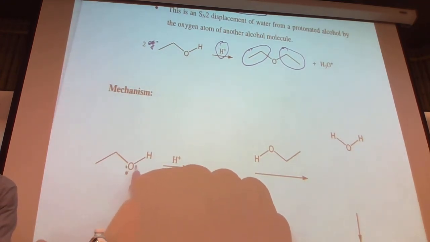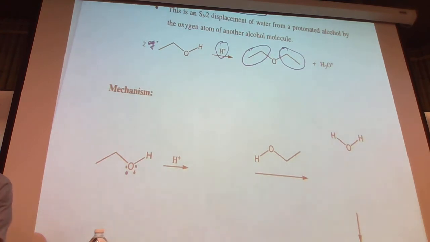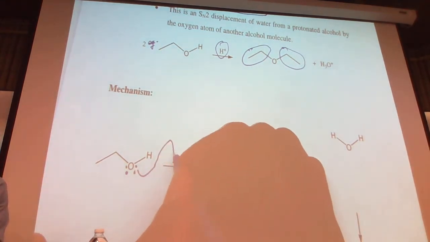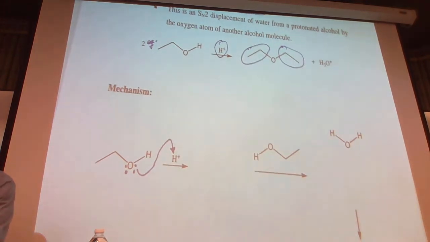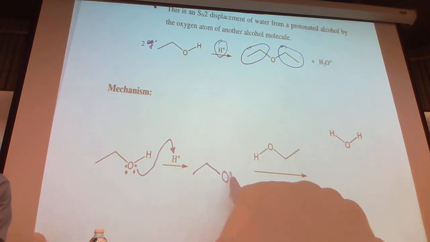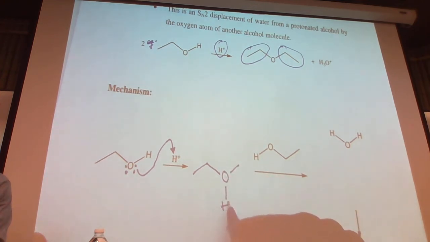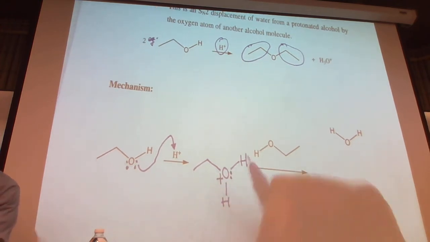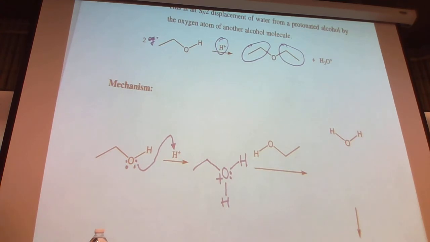Your oxygen here is your Lewis base, correct? Picking up the proton from the acid to get you a protonated alcohol. So this is plus, and you still have a lone pair of electrons there.